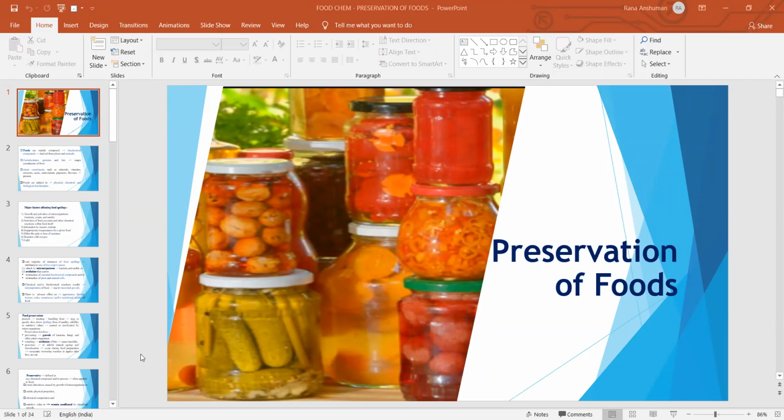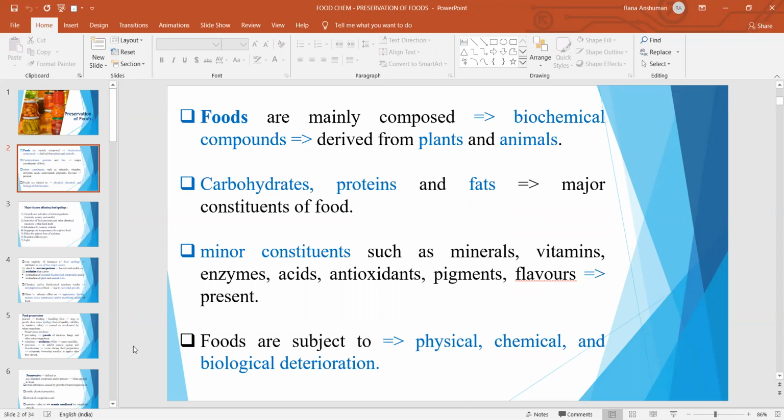So today we are going to discuss preservation of foods. As you know, foods are mainly composed of various biochemical compounds like carbohydrates, proteins, fats as major constituents, and minerals, vitamins, enzymes, acids, antioxidants, pigments, flavors, etc., as minor constituents in the foods.